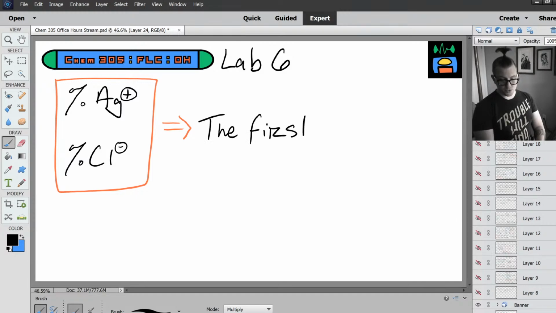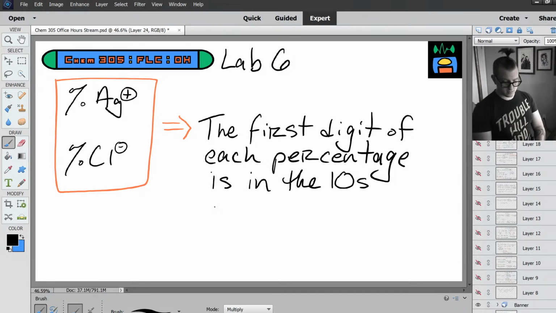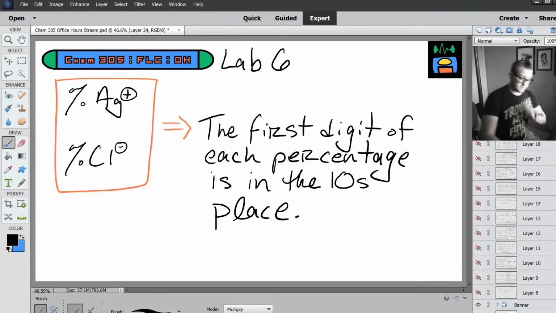what I can say is the first digit of each percentage is in the tens place. So if you were to use scientific notation on this, it would just be times 10 to the 1.